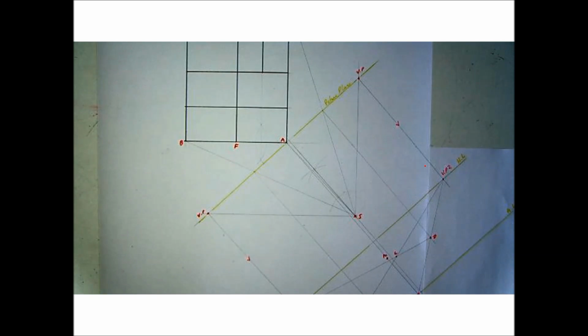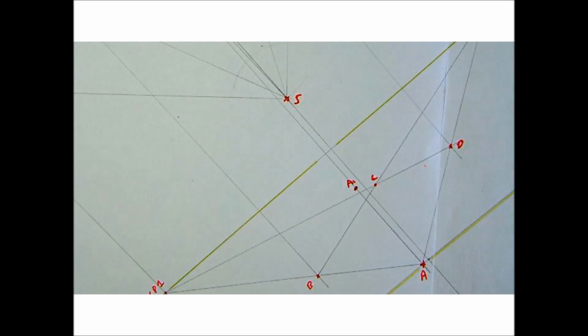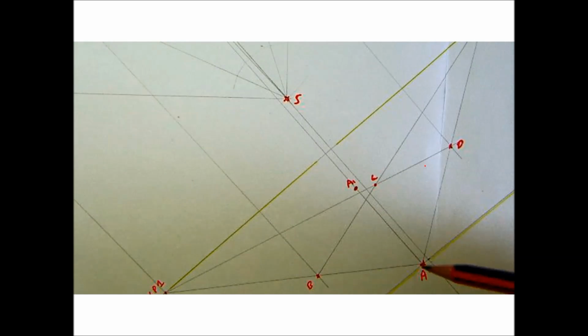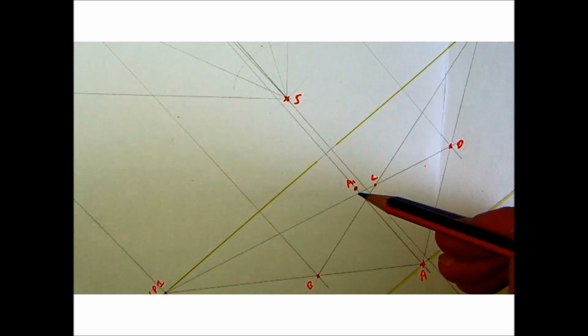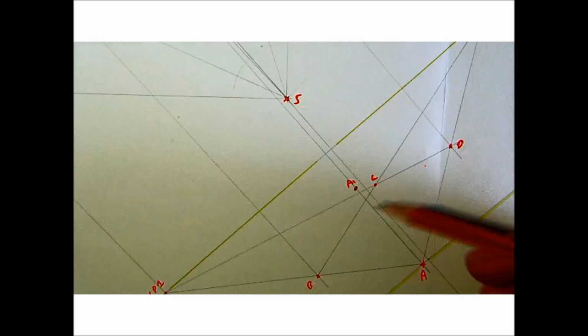Okay, so I'm just going to zoom in on the perspective for a second. Okay, so the height was 45mm, and because that's on the picture plane, you can put in the true length. So that's A1.